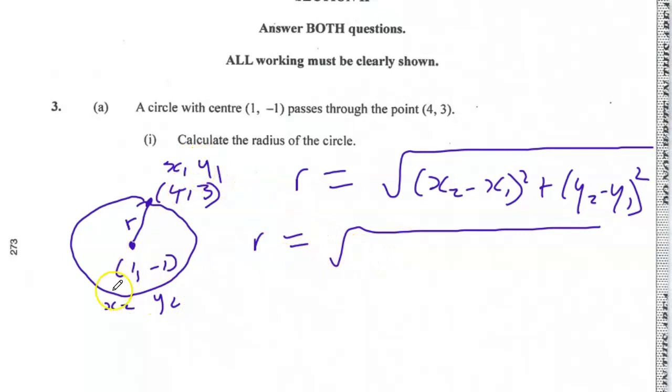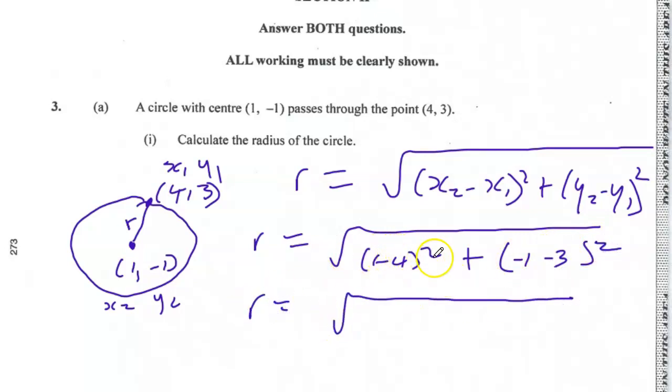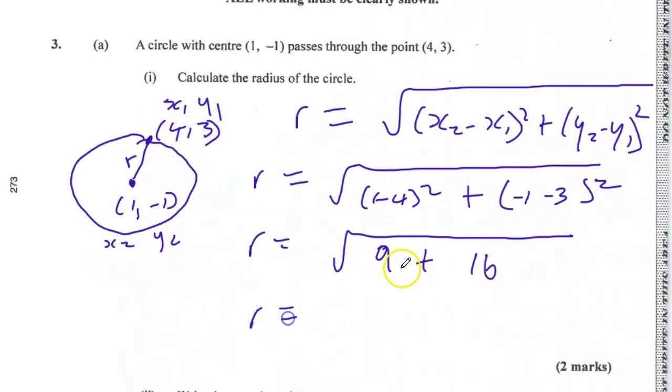So x2 minus x1 would be 1 minus 4, all squared, plus y2 minus y1 would be minus 1 minus 3, all squared. Now 1 minus 4 is -3. Square that, you get positive 9. And then minus 1 minus 3 is minus 4. Square we get 16. So r is the square root of 9 plus 16, which is the square root of 25. So the radius is 5 units.